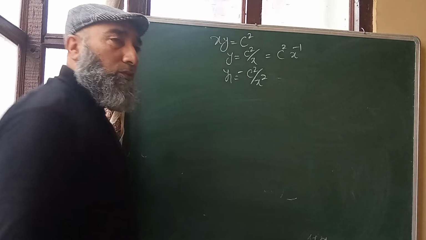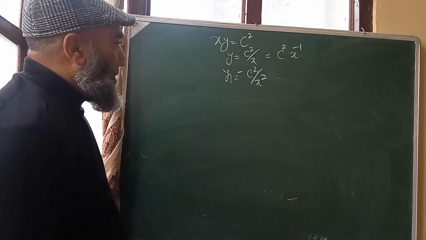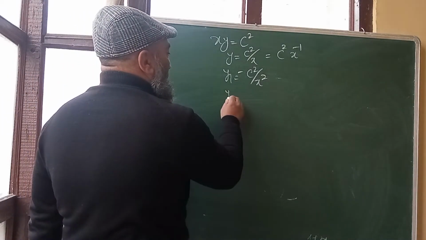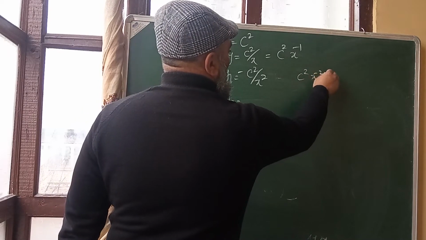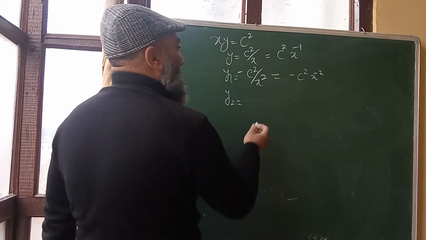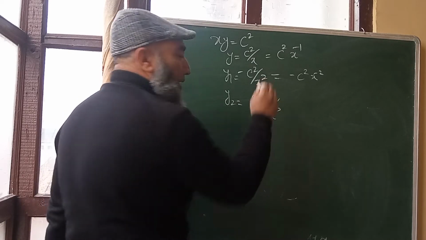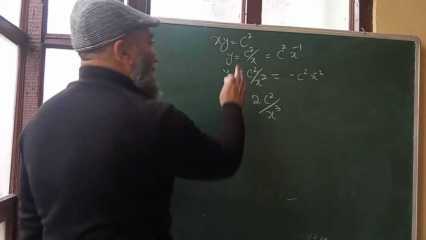Derivative of x to the power minus 1 is minus x to the power minus 2. So y1 is minus c square by x square. What is y2? This is c square x to the power minus 2, so it is minus minus plus, twice c square by x cube. Minus 2 x to the power minus 3. So you have y1, you have y2.